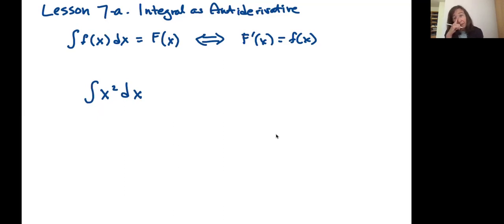Okay. Well, we can kind of think about how that would work. We know that with powers of x, when you take derivatives, the powers get smaller and smaller. And so a function that has a derivative x squared is probably going to have x cubed.